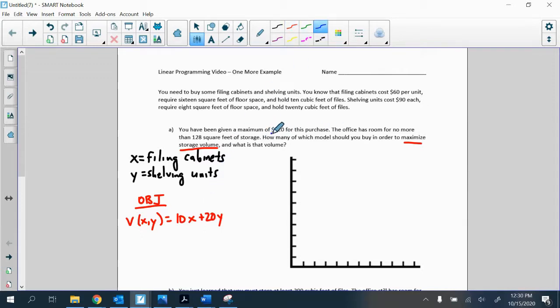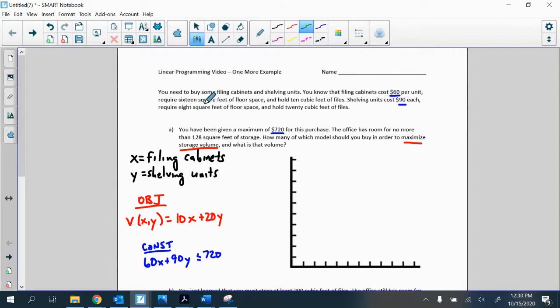So I have $720 to purchase this. So I have $60 for filing cabinets. So constraint number one is $60 for filing cabinets and $90 for shelving units must be less than or equal to $720.